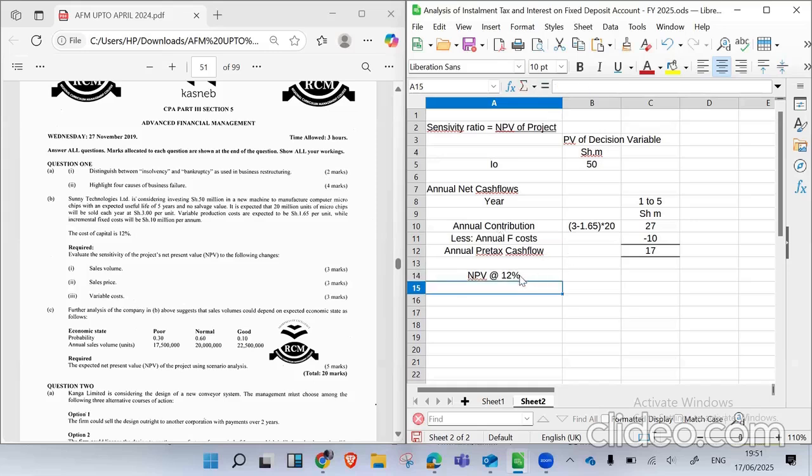So can we have our NPV at 12%? I can see we are having 17 million times PV annuity, where R is 12% and N is 5 years, minus the initial outlay of 50 million. 12%, 5 years is how much?